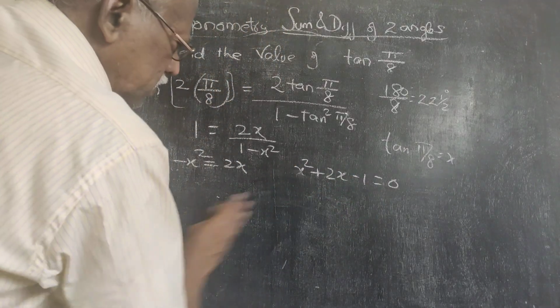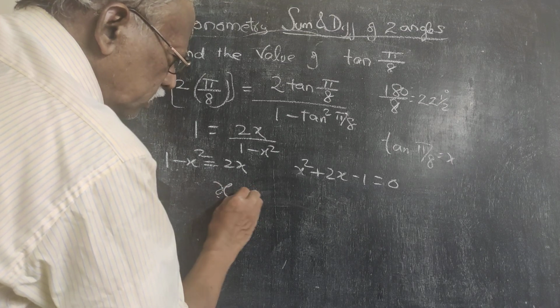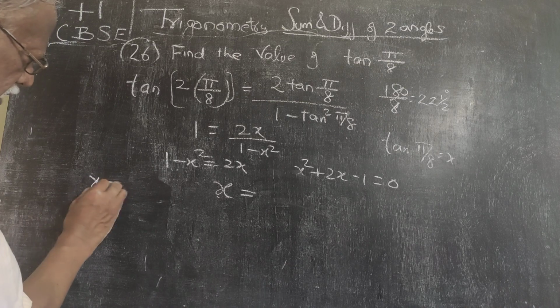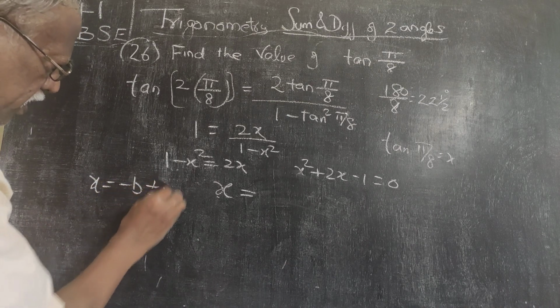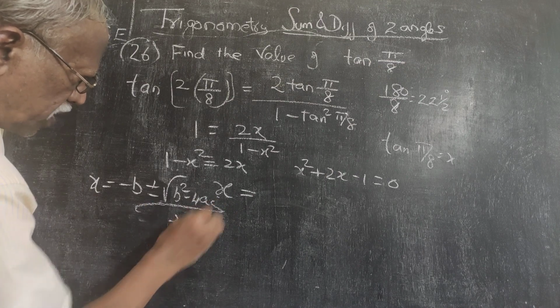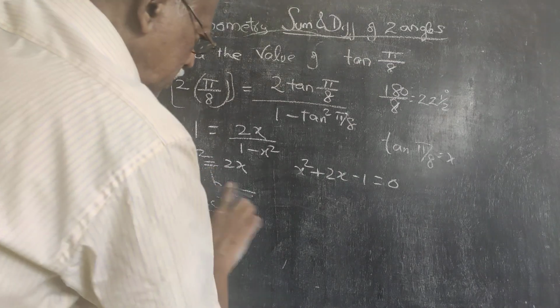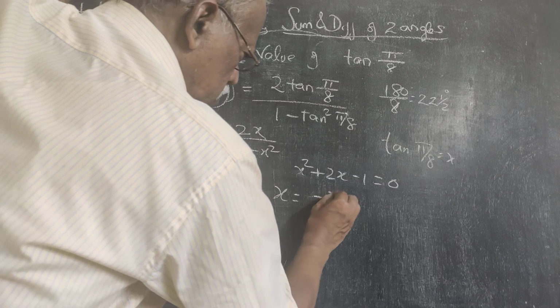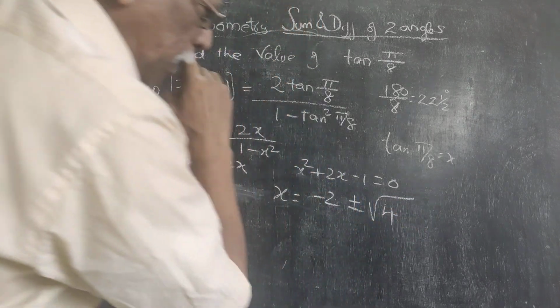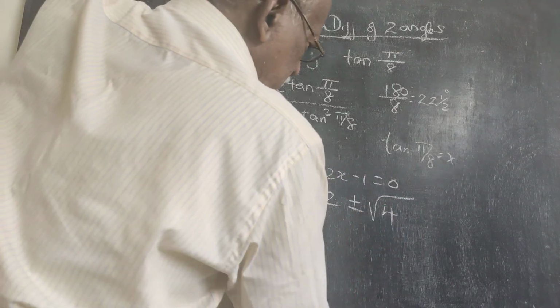Now solve for x using the formula which you have learnt in your 10th. x equal to minus b plus or minus square root of b square minus 4ac divided by 2a. So here x is equal to minus 2 plus or minus square root of 2 square minus 4 into a into c.